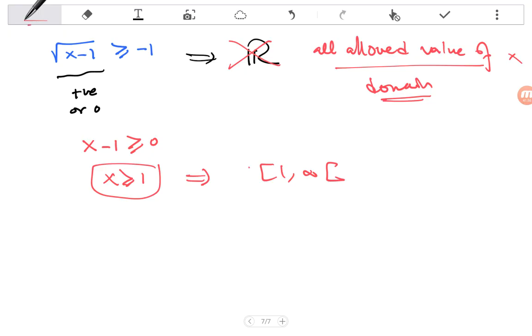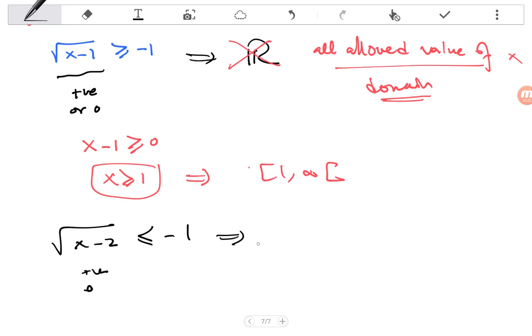What if I asked you to find the solution of this inequality, root x minus 2 less than or equal to negative 1? Would a positive or 0 value ever be less than negative 1?